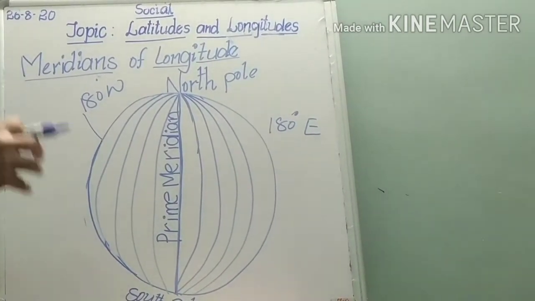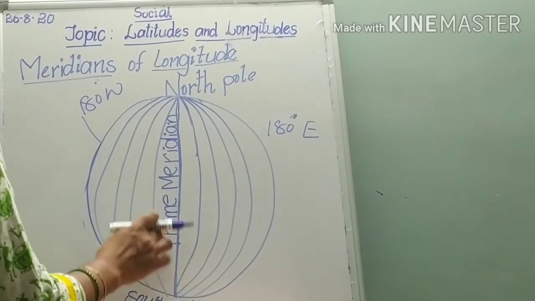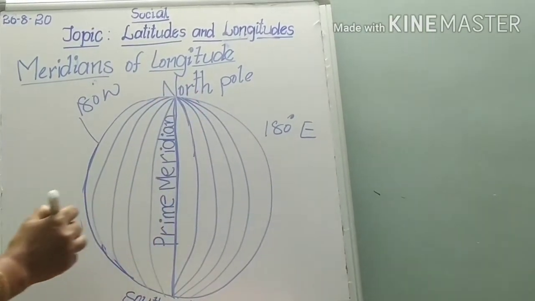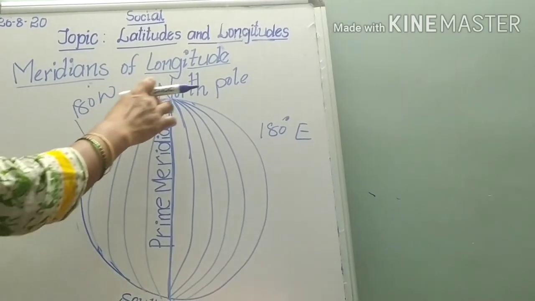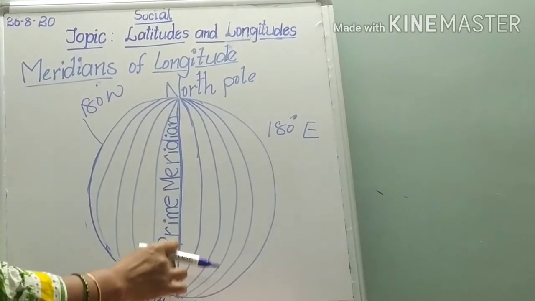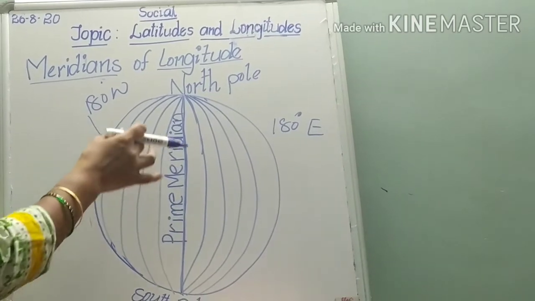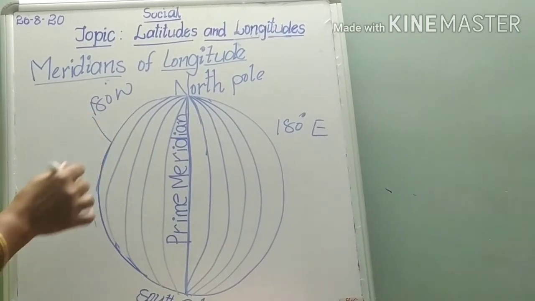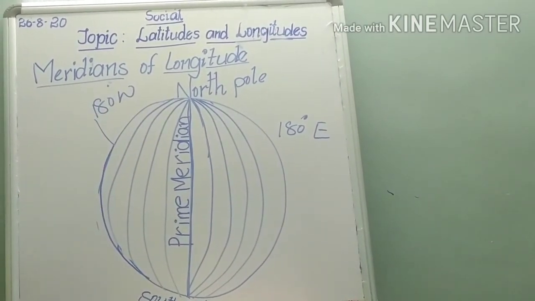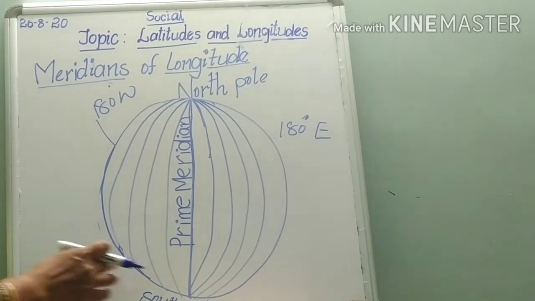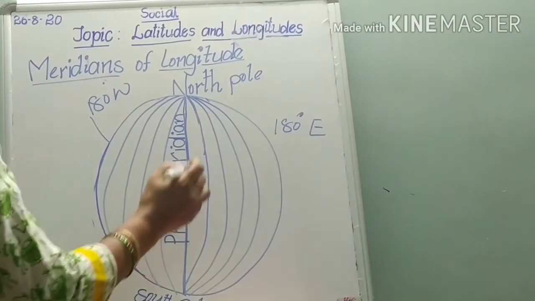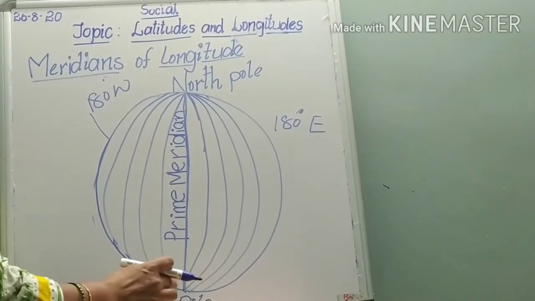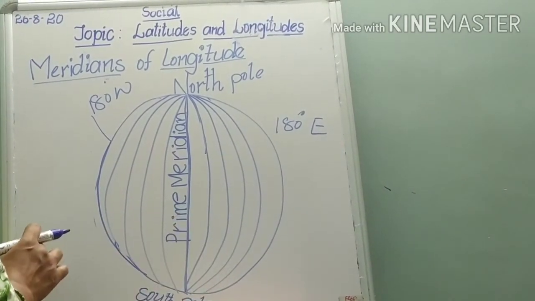Because of that, we can call the prime meridian the Greenwich meridian, or we can also call it the 0 degree longitude.